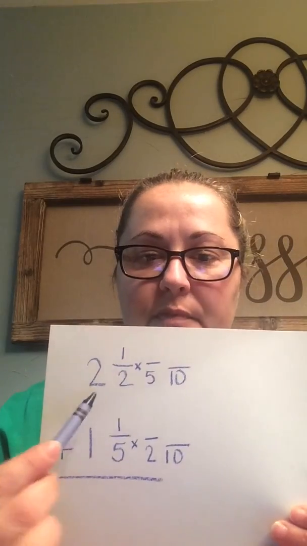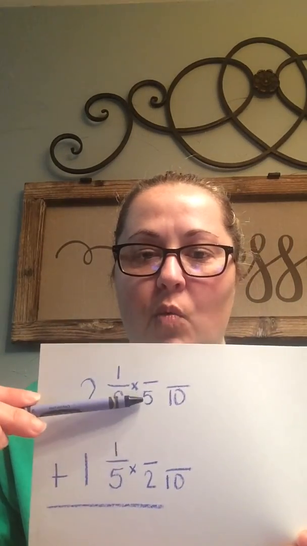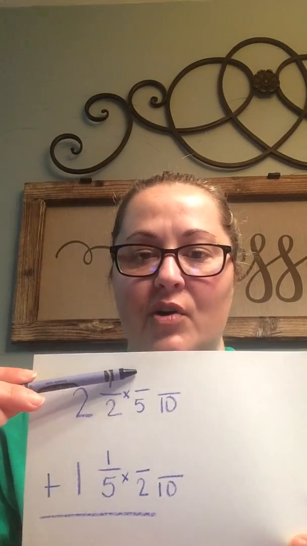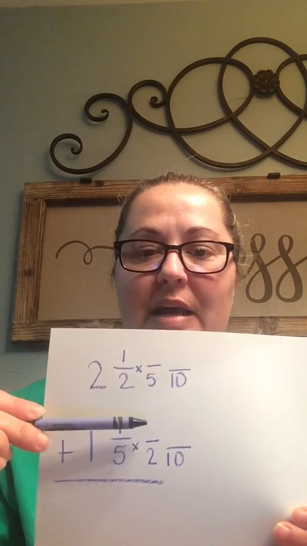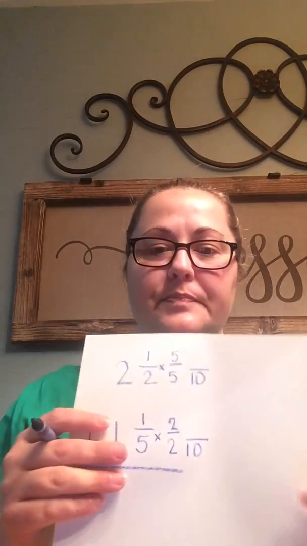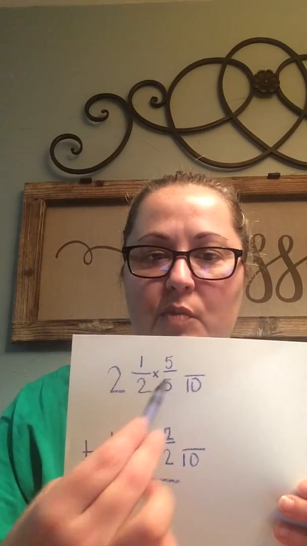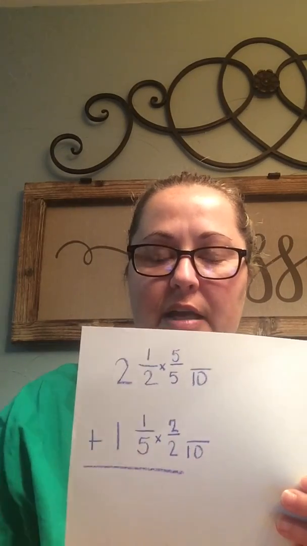So here we go. This is what we have here. To keep with what we just talked about, we're going to have to make 5 our numerator here, and we're going to have to make 2 our numerator down here, okay? So when we change here and we get everything we need on our page, we're going to simply multiply our 2 numerators together here and here.